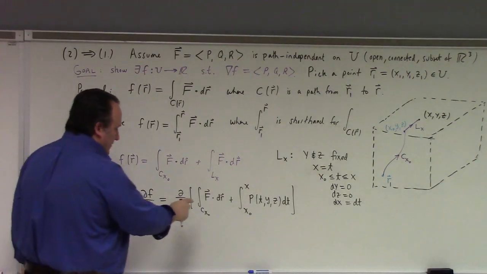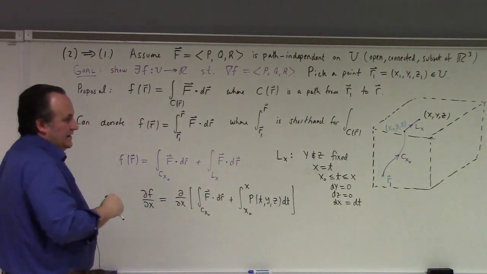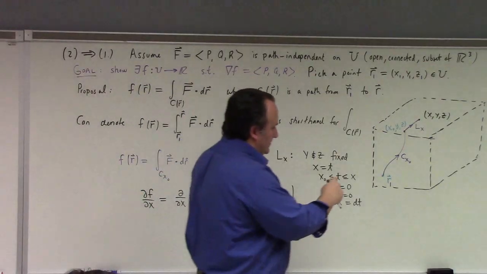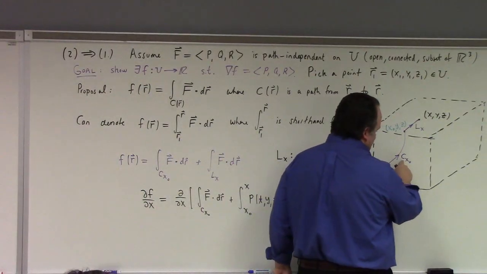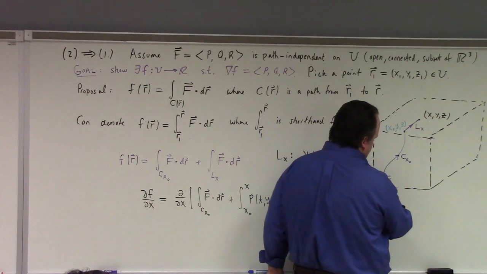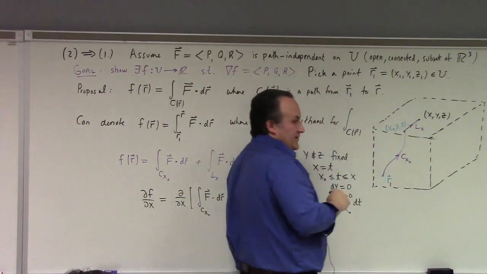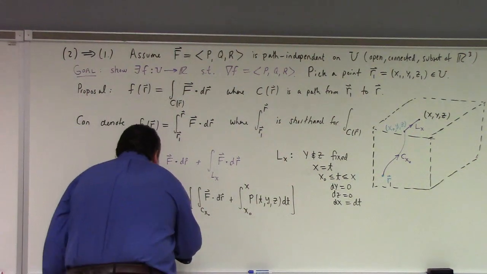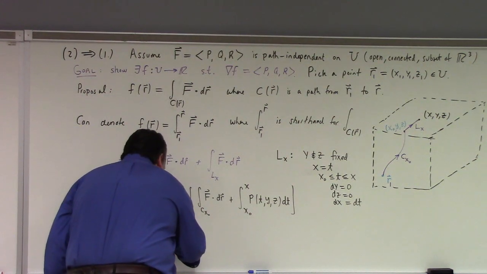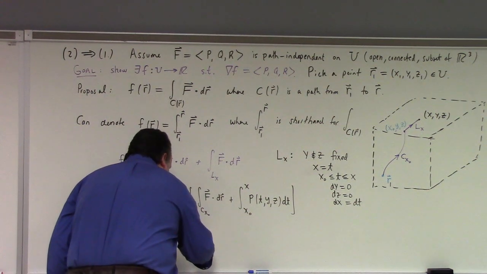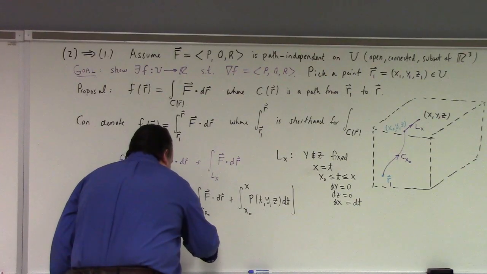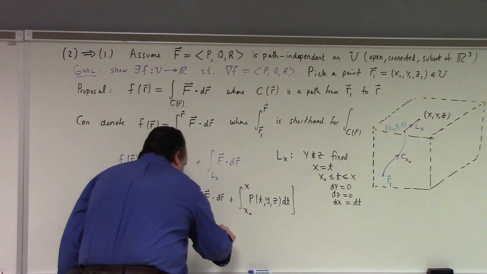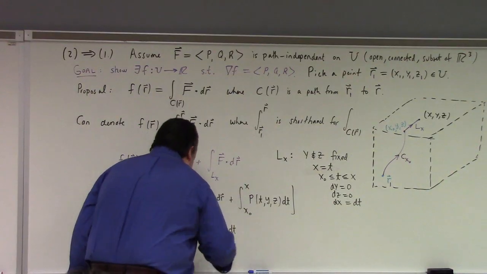And is there any x dependence on the integral over the Cx naught, like this part of the path that goes from R1 up to that joining point? That's 0, right? So all we have then is partial x of the integral from x naught to x of p of t comma y comma z dt, right?